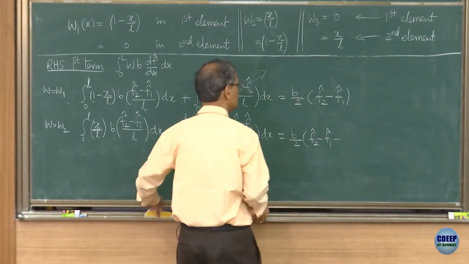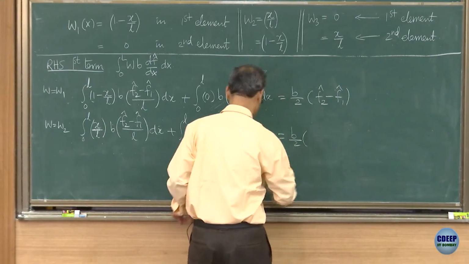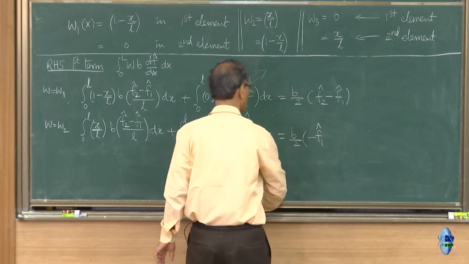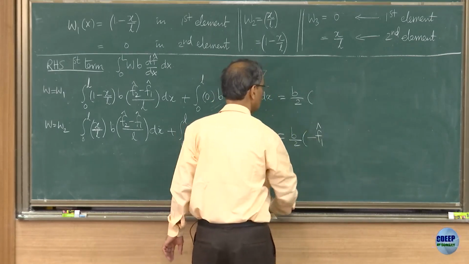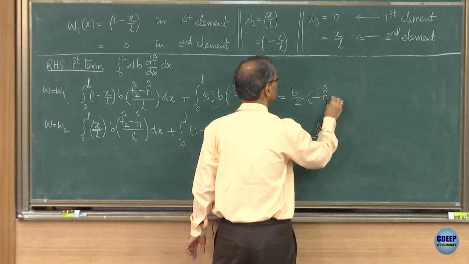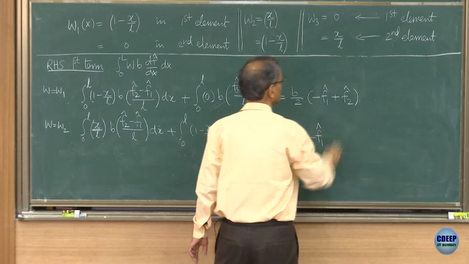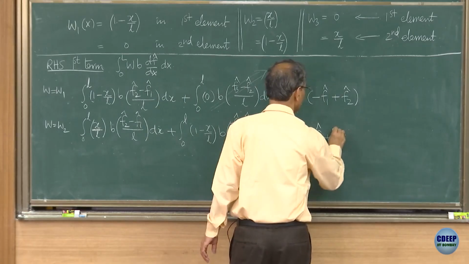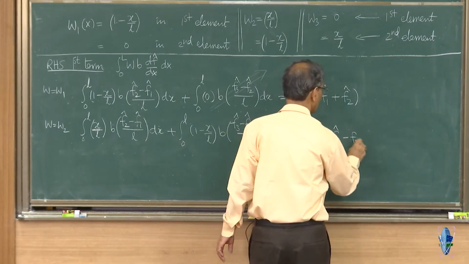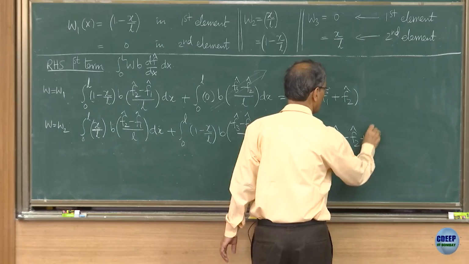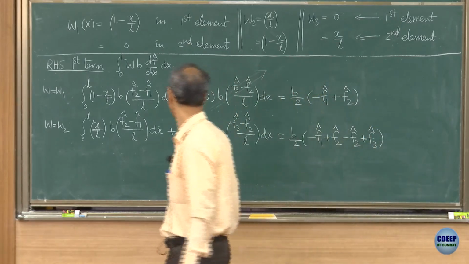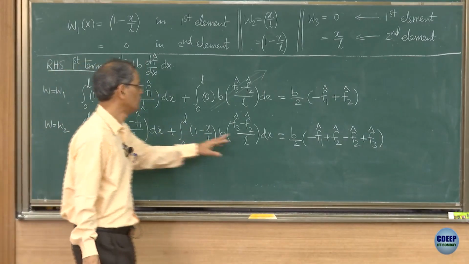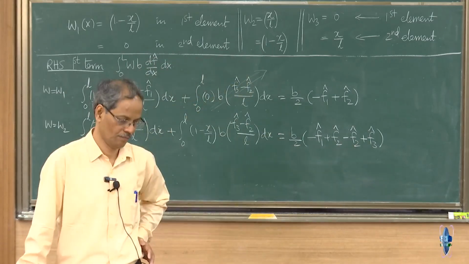Okay, I would just write it slightly differently. Minus f1 first. Please remind me to write the f1 term first, then f2, then f3. Minus f1 plus f2 hat, then minus f2 hat plus f3 hat. Because integral 1 minus x by L we have already done here, I know that it will simply be B by 2 times this.